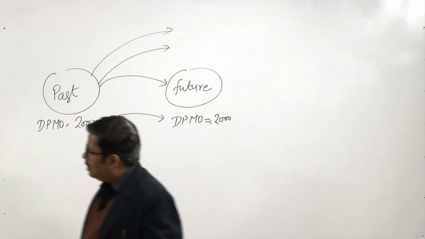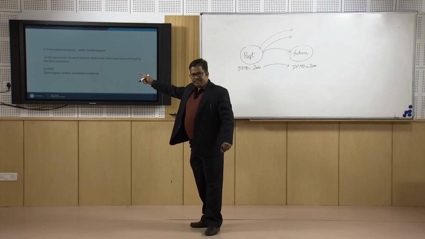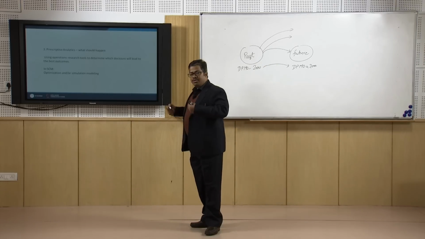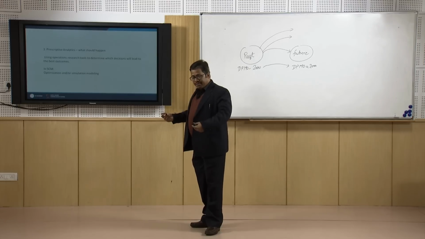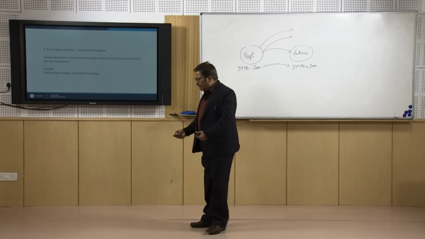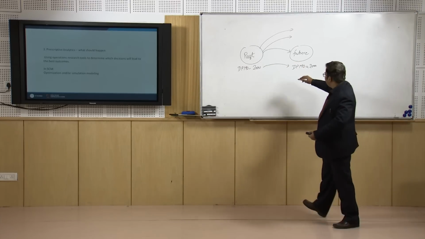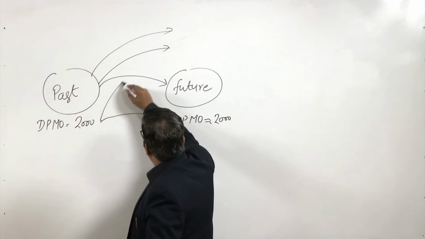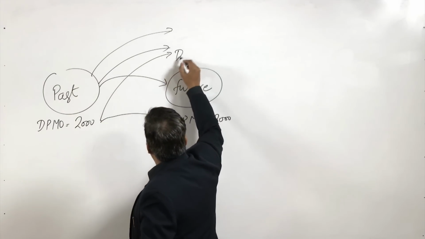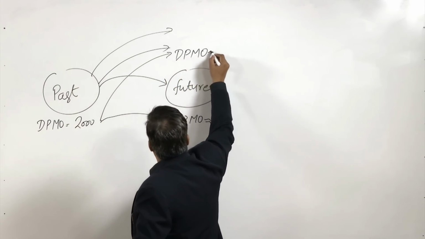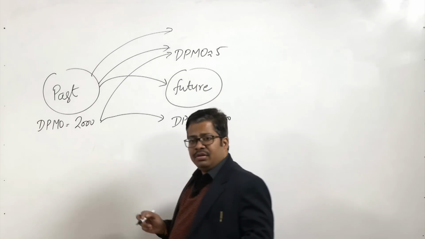But the prescriptive analytics, because it is using operation research, it is using how you can improve your system, what should be the ideal thing, what is the optimized condition of the system. So, if I go with the prescriptive analytics, it will say that you should achieve DPMO somewhere near 5.